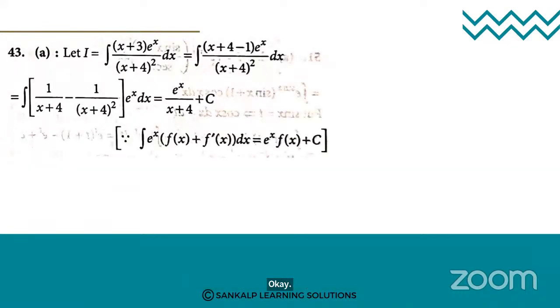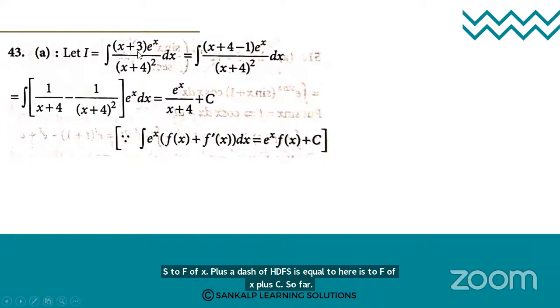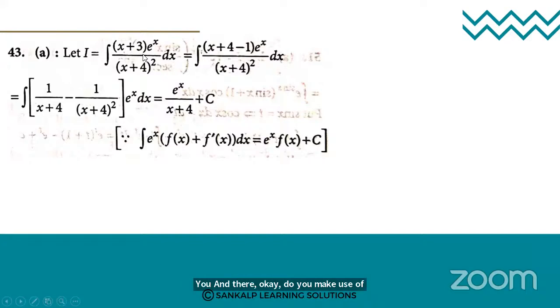So see here what we are getting. Again we are making use of the same property: the integral of e raised to x (f of x plus f dash of x) dx is equal to e raised to x f of x plus c. To make use of that, we simplify this expression.